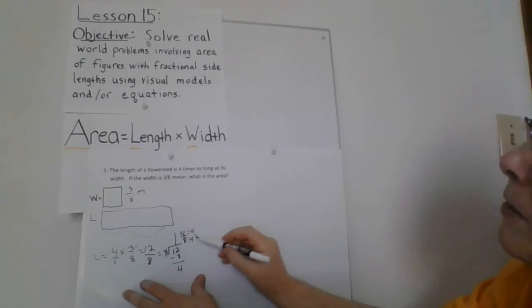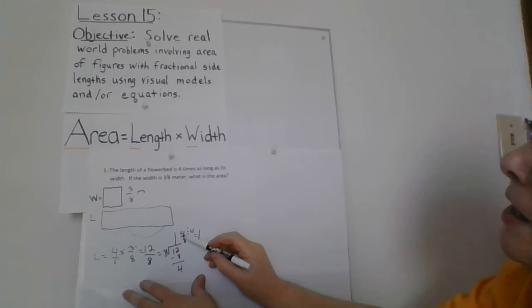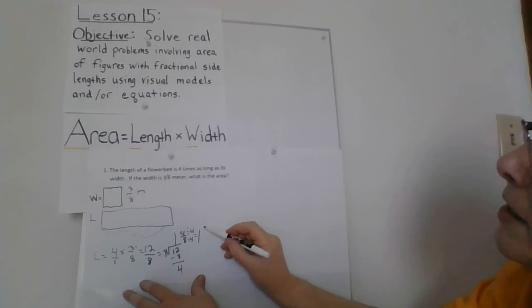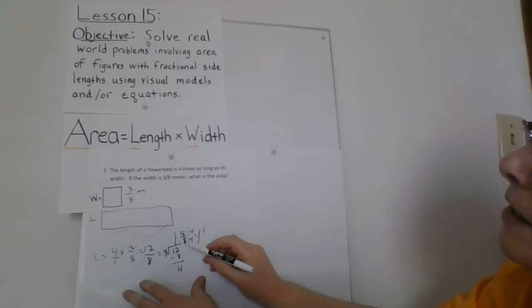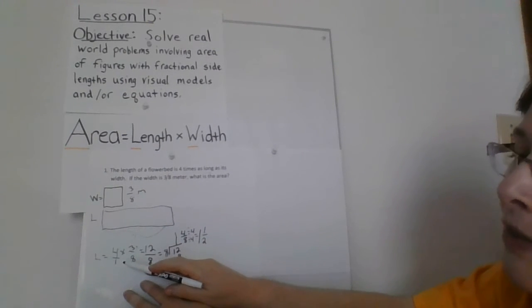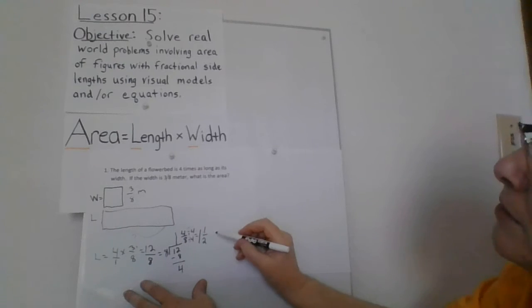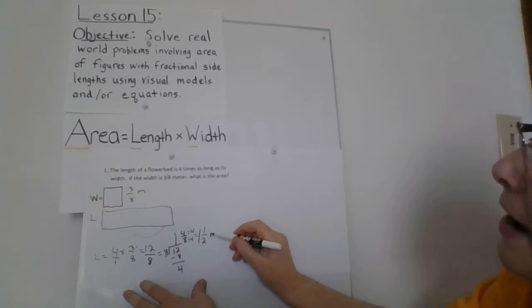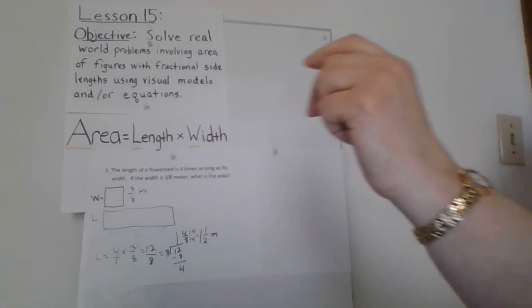So that will leave me with 1, and then 4 divided by 4 is 1, and 8 divided by 4 is 2. So the length that I found turned out to be 1 1/2 meters long. So that is my length.